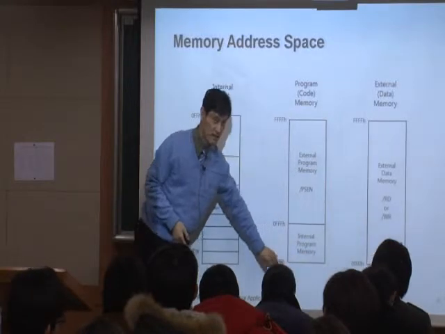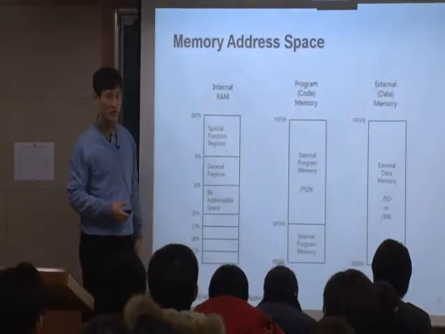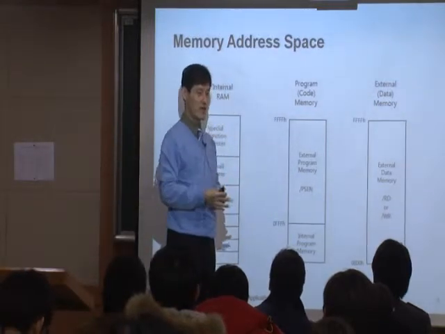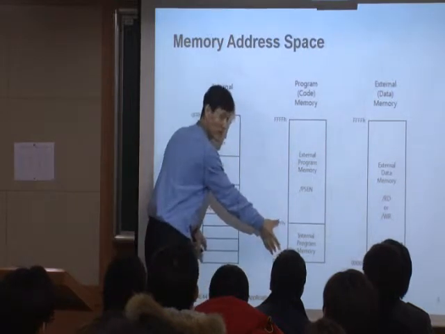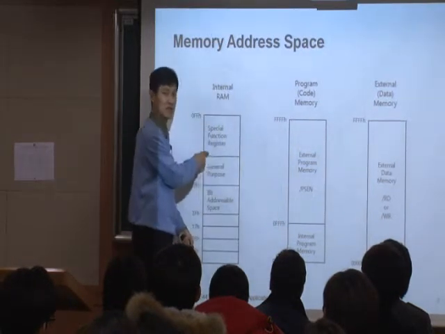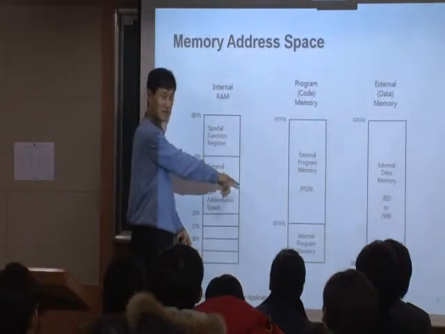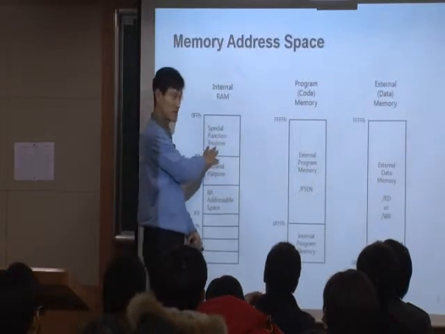Which means that you are not going to use this one as your plan. This is already mapped. So if you buy another memory, additional memory, then you don't want to put it here, right? Because this address space is already used with this purpose.